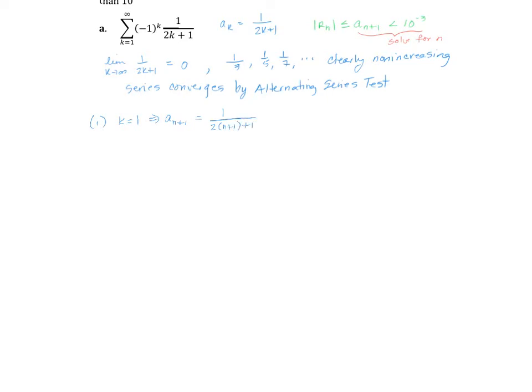If you're not starting with k equal to 1, you're going to have to make an adjustment because we're looking at the first n terms. So that has to be less than 10 to the negative 3, which would be 1 over 1,000.